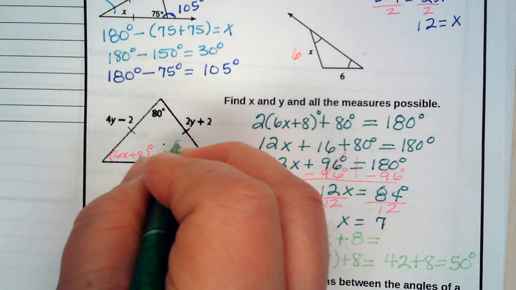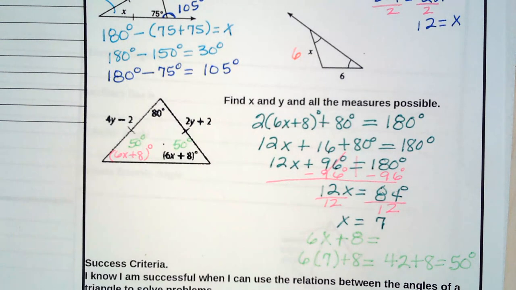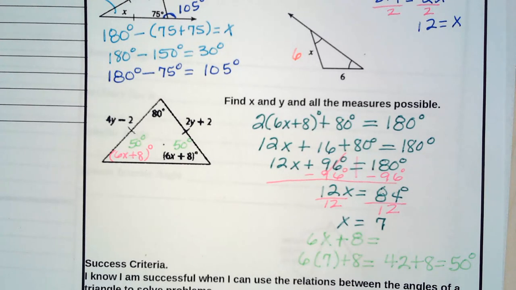So each of these are 50 degrees. So I found my angles. And what do I know about the two sides? Well, they're congruent because both of them have that single tick mark. So I can set them up equal to each other.